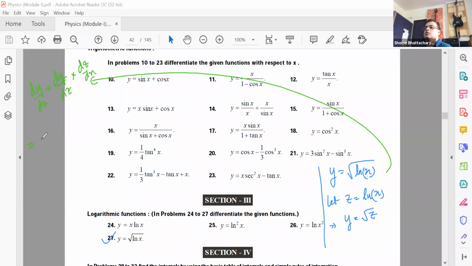So dy by dx. So derivative of root z is 1 by 2 root z. Okay. And derivative of ln x is 1 by x. So then finally resubstituting z as this, we get 1 by 2x square root of ln x. This becomes our dy by dx.